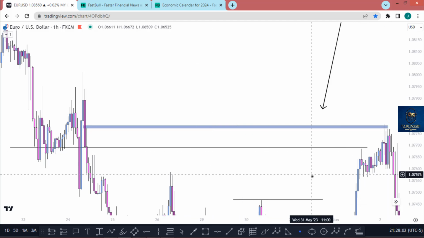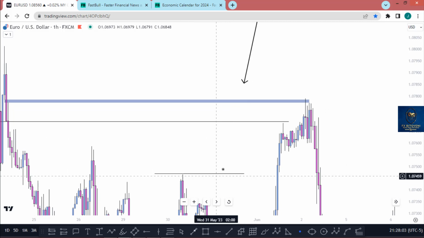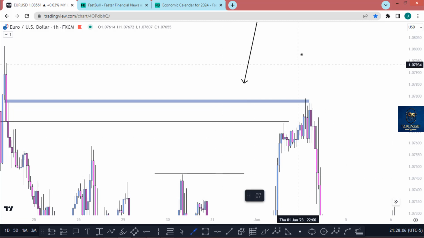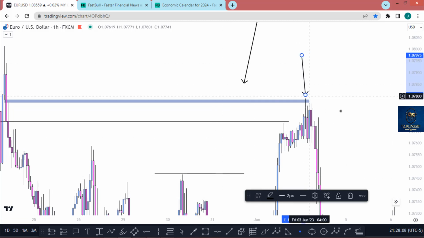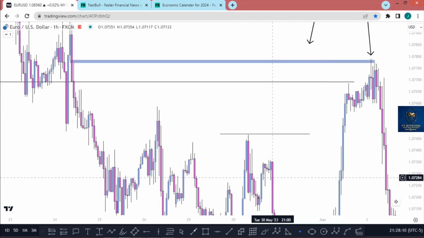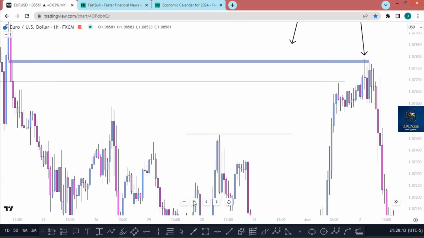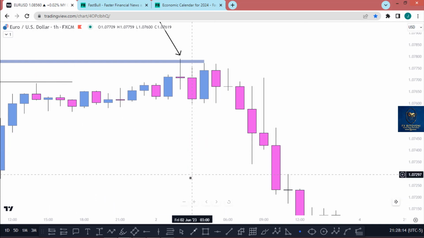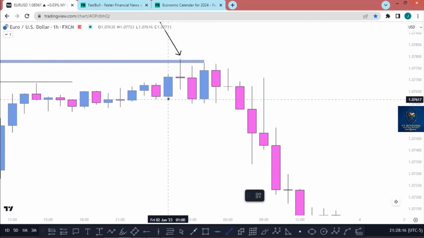As you can see, you have a beautiful sharp rejection. And then you have a break of structure right here.